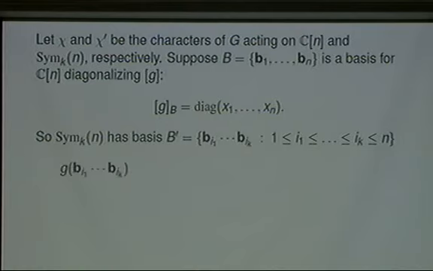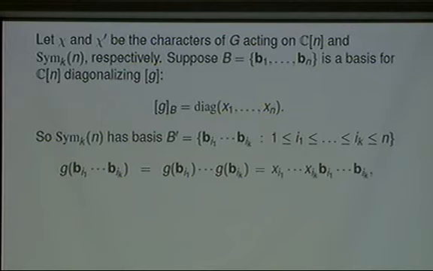So what happens when I apply G to a basis element? By definition, I apply G to each of the individual factors. But remember, these individual factors are all eigenvectors. So G of b_{i1} is just going to multiply b_{i1} by the scalar x_{i1}, and similarly for b_{i2}, etc. Each of these G's is just going to give us one more scalar, and of course it is a tensor product, so we can factor all the scalars out in front.